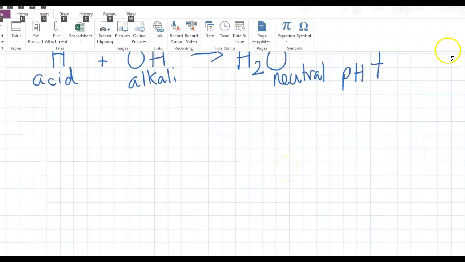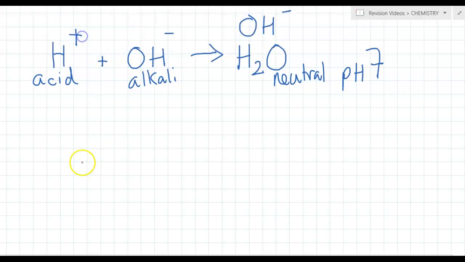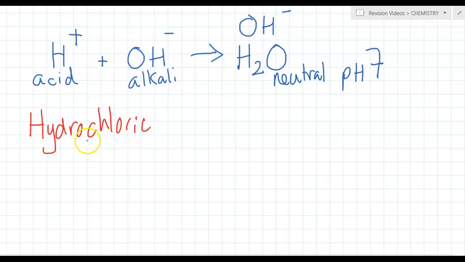Okay, so let's go further with our neutralizations, and let's talk about what happens when specific acids are neutralized. If we neutralize hydrochloric acid, this part of the name determines our salt.